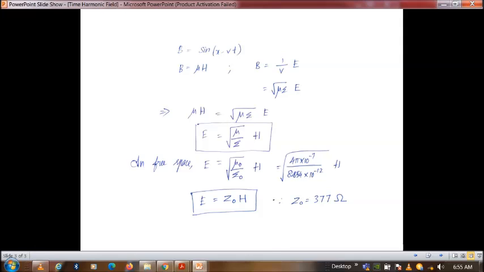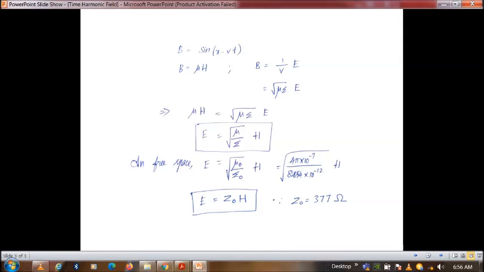In free space it will be written as E is equal to root of mu naught by epsilon naught into H, where mu naught is equal to 4 pi into 10 to the power minus 7 and epsilon naught is equal to 8.854 into 10 to the power minus 12. On taking the fraction and square root, it will give you 377.